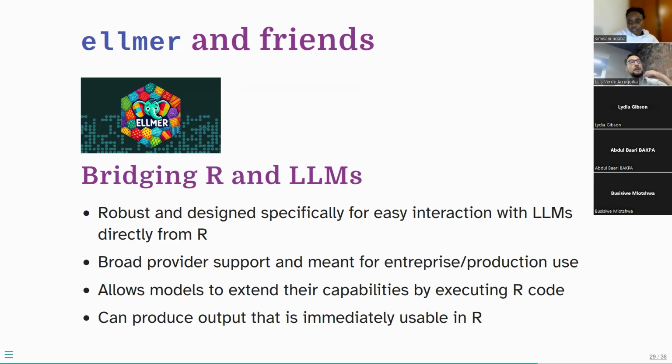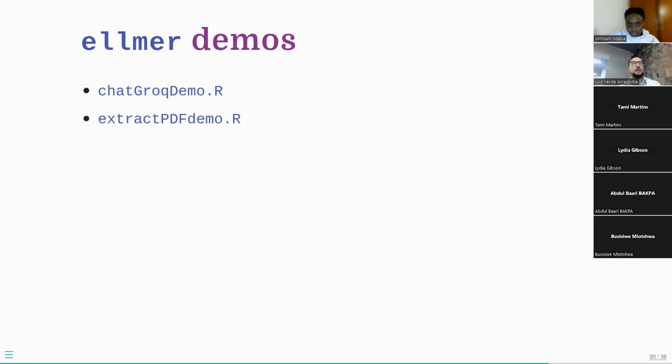It's really robust, and it's designed for interacting with LLMs directly in R. It's actually meant for use in production. The models can execute and run our code to do even more things. And it has a feature where we can get structured data, so output that's immediately usable in R.